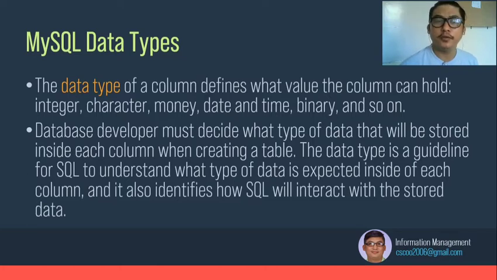For example, you will be using integer, character, or a digit like money, or a particular date or time, a binary, and so on. The database developer must decide what type of data will be stored inside each column. So please take note of that.